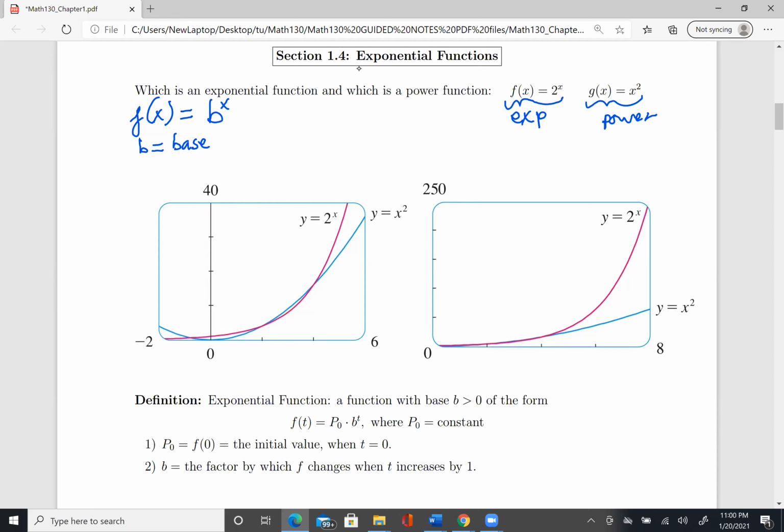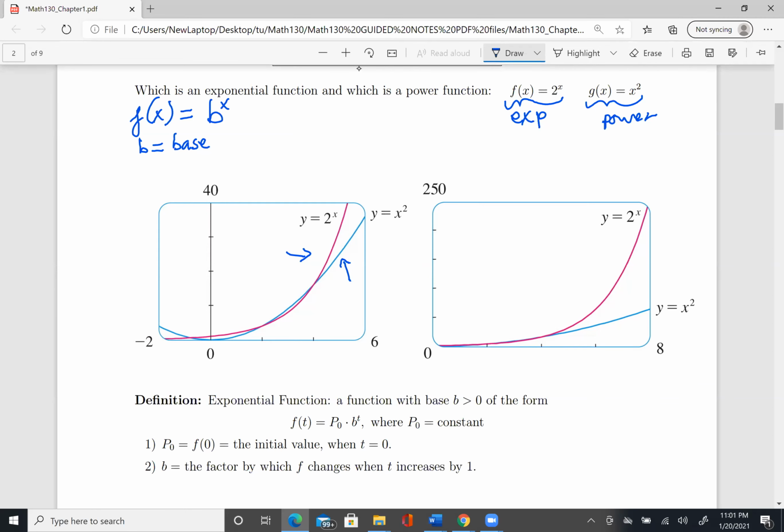This is the graph of these two functions. The red line is for 2 to the x, the blue line is for x squared.